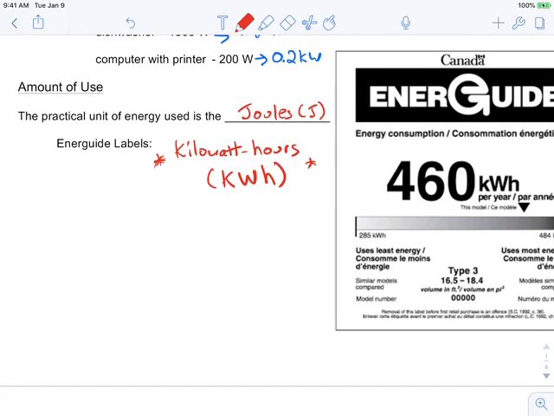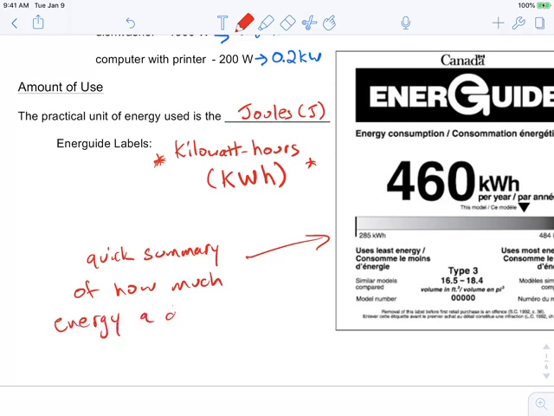Okay, next thing we want to talk about is this guy over here. These are called Energuide labels, and basically they just tell you a quick summary of how much energy a device uses on average in a year.